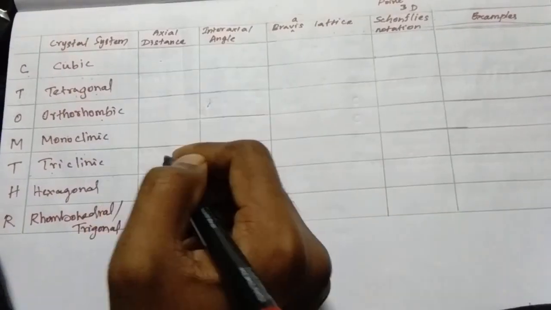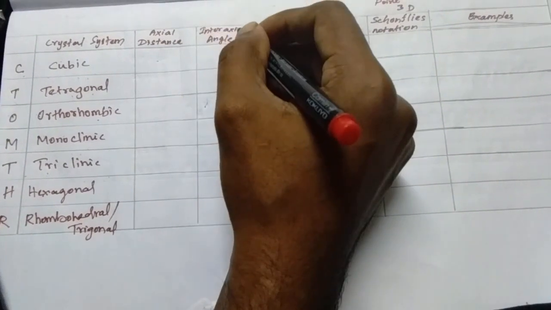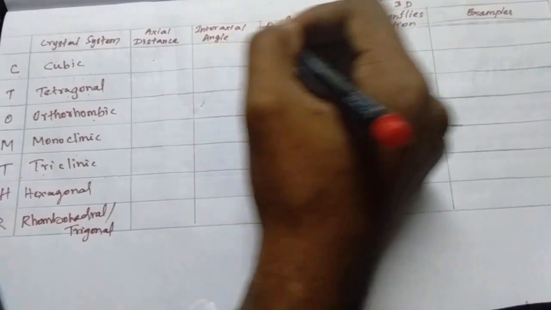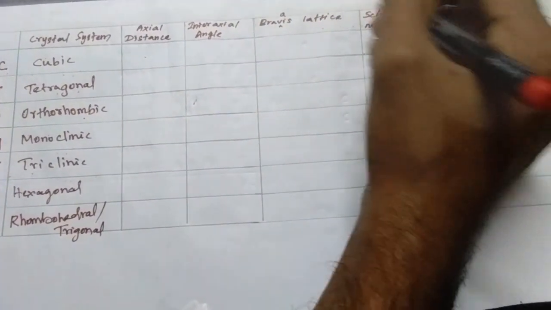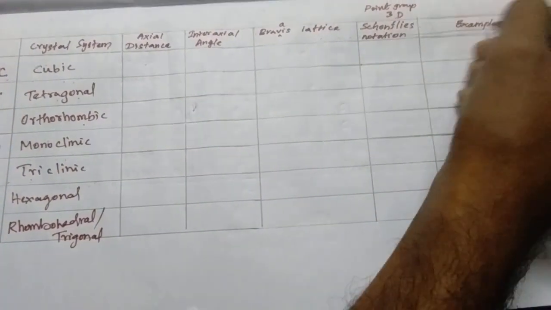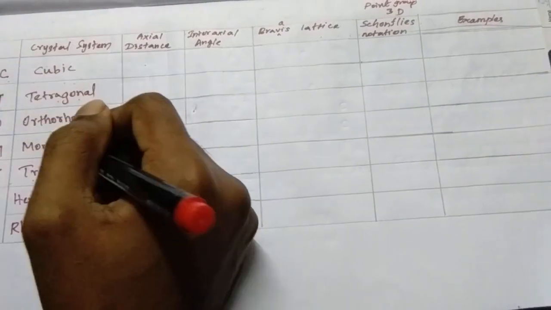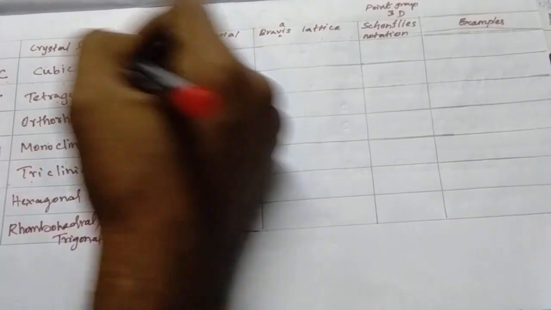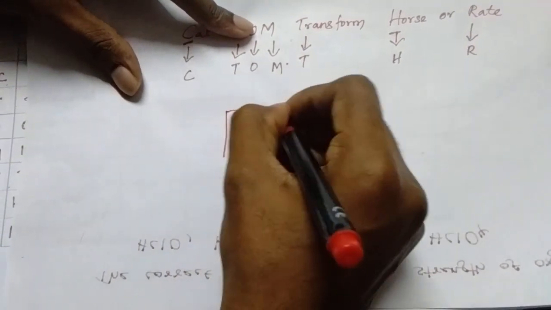So based on this, we can write the axial distance, interaxial angle, Bravais lattice, point group for 3 dimensions, and examples. For cubic, before I start, I will draw the unit cell. Just remember this unit cell.